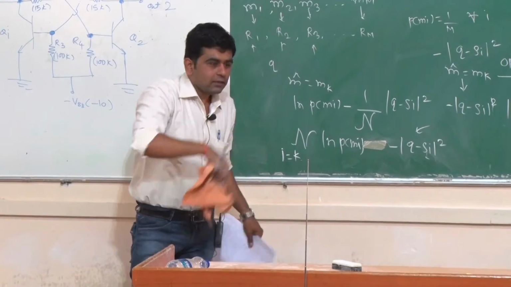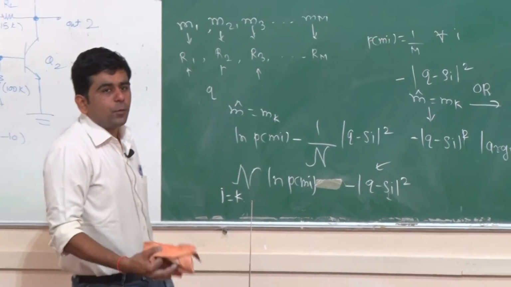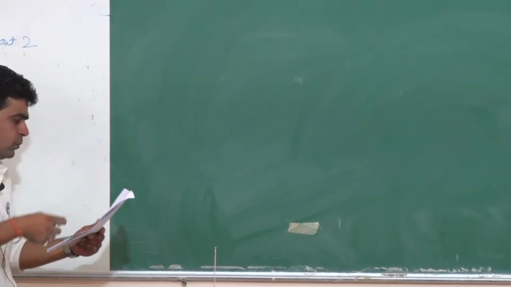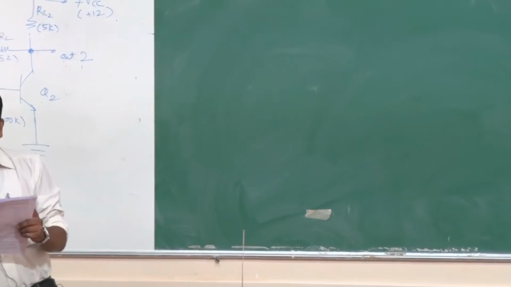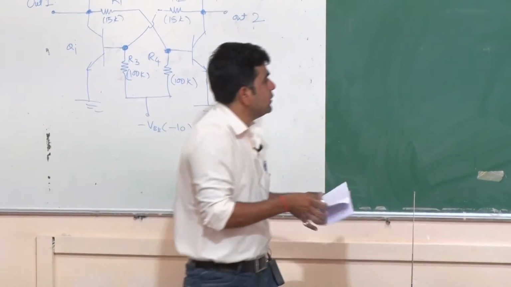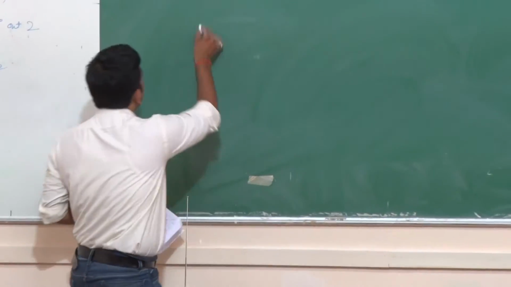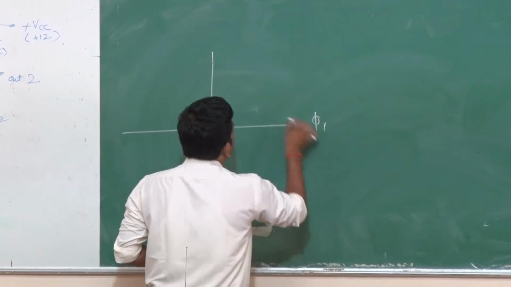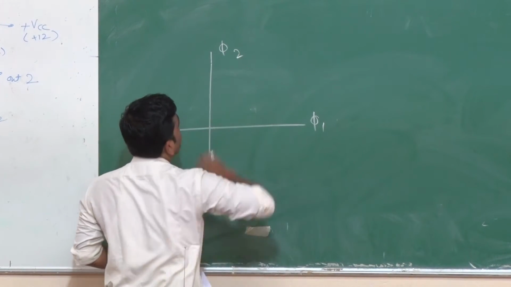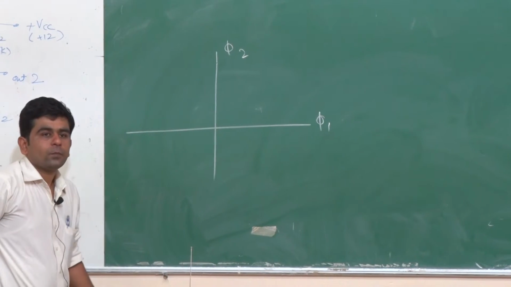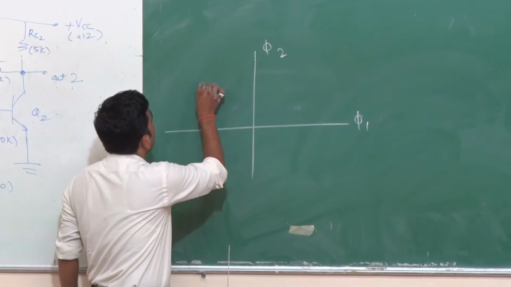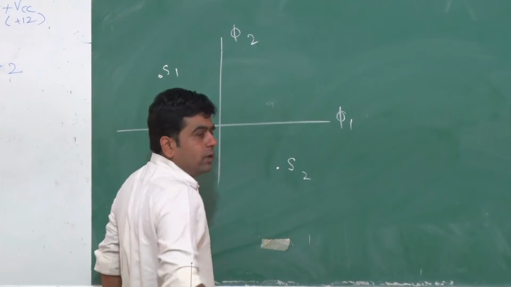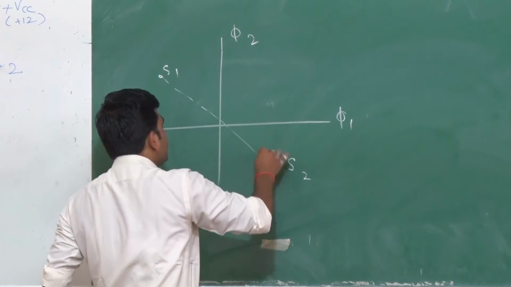Write down the second point, that is for non-equiprobable. Here for the same case we have 2 points which can be represented by n equal to 2 basis functions. These 2 points are S1 and S2. Connect these 2 points.